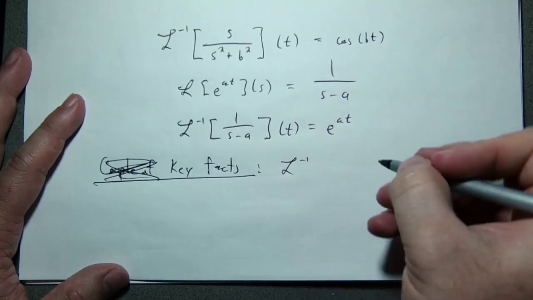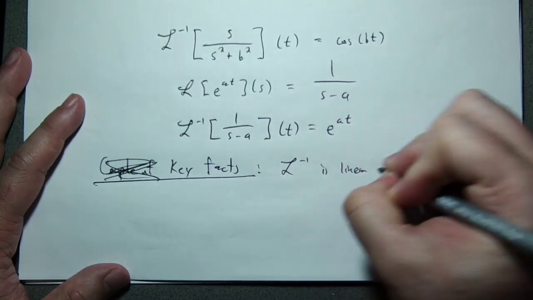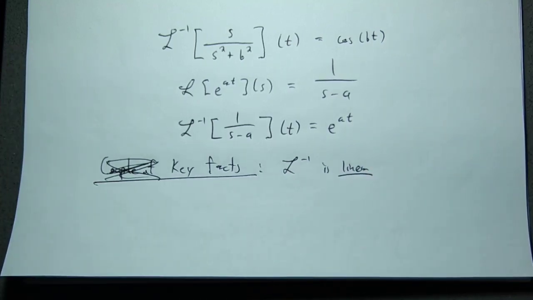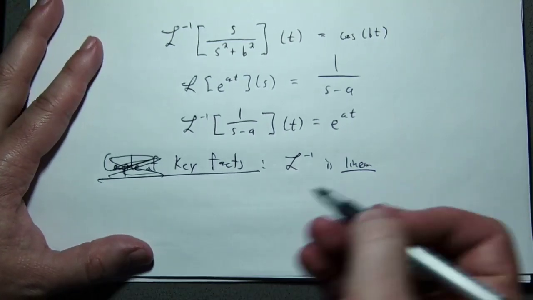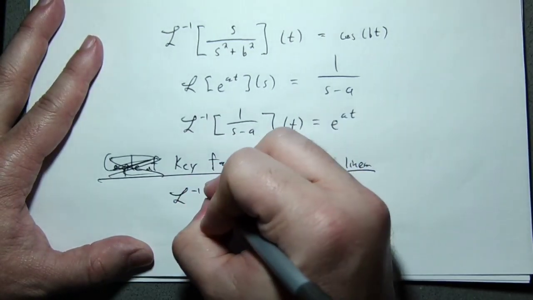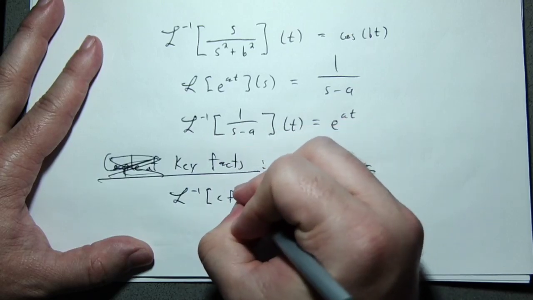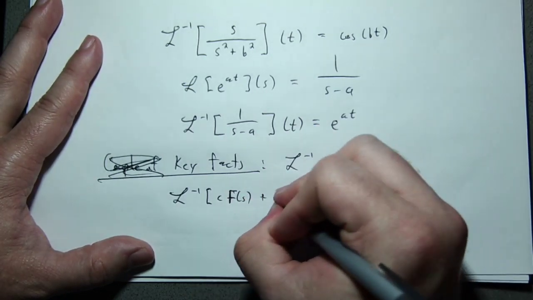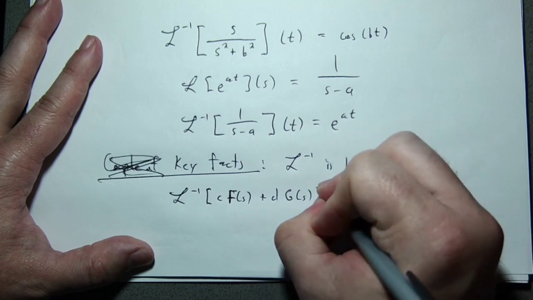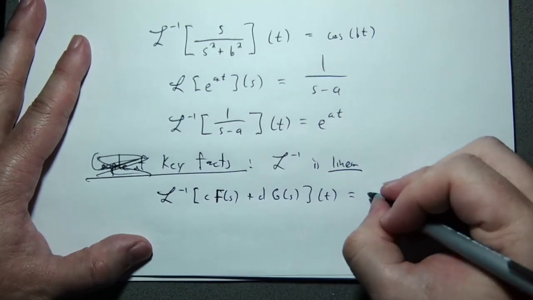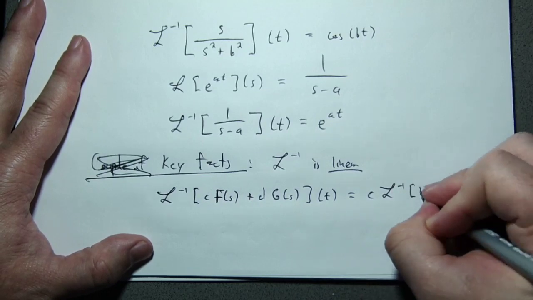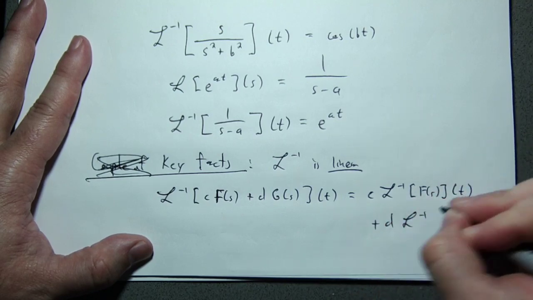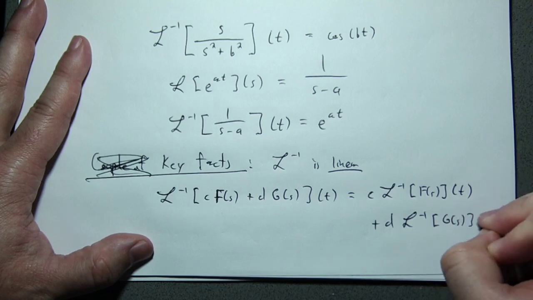The inverse Laplace transform is linear. You know what linear means. It means that I can pull constants out of it, and it splits up across things. So what do I mean by that? If I have c big F plus d big G of s, the inverse Laplace transform of that of t is c times the inverse Laplace transform of big F of s of t plus d times the inverse Laplace transform of big G of s of t.